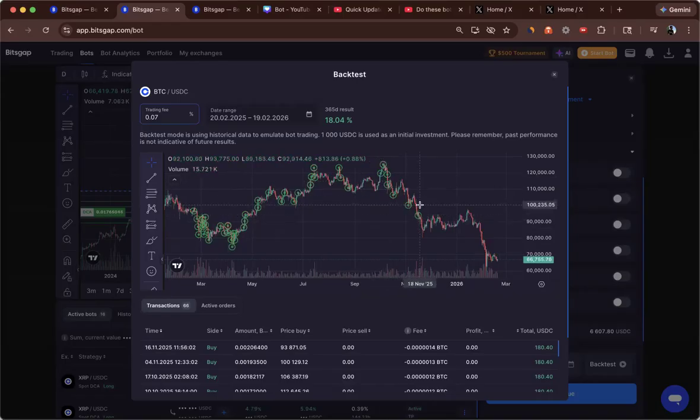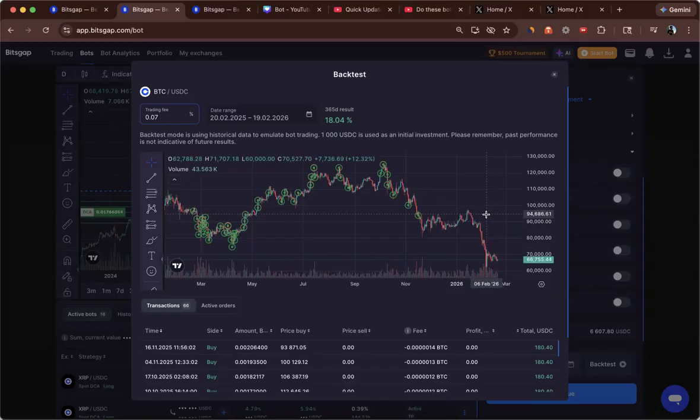And it's probably this bot, if you were to set it up 365 days ago when it was 96,000, and it's purchased and sold throughout the year. As you see, the red dots are a little harder to see because they're covered up with the green most of the time. But so you're just buying and holding in this bot.